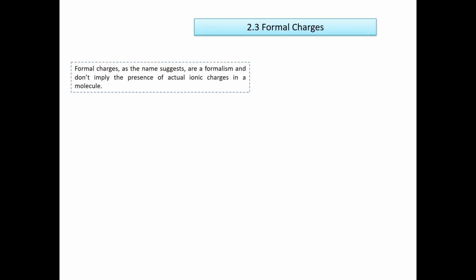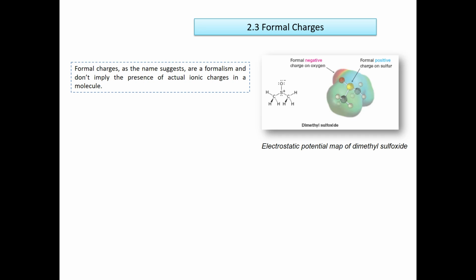Formal charges, as the name suggests, are a formalism and don't imply the presence of actual ionic charges in a molecule. For example, this molecule is dimethyl sulfoxide. We can draw dimethyl sulfoxide in this way: sulfur bonded to a carbon, sulfur bonded to a carbon, and sulfur bonded to an oxygen, with the oxygen negative and the sulfur positive.